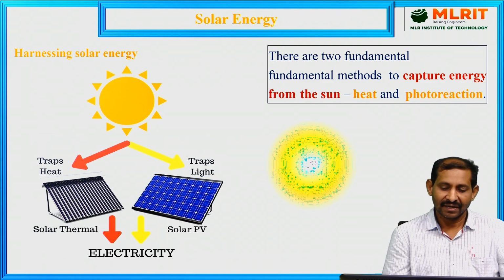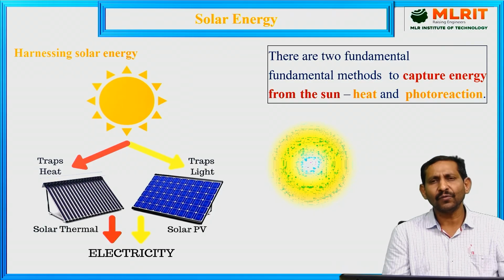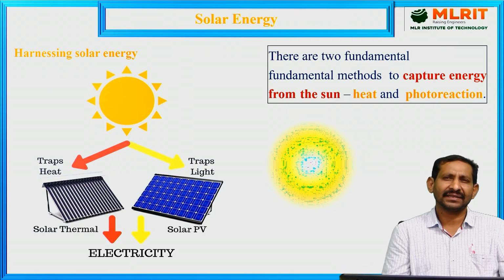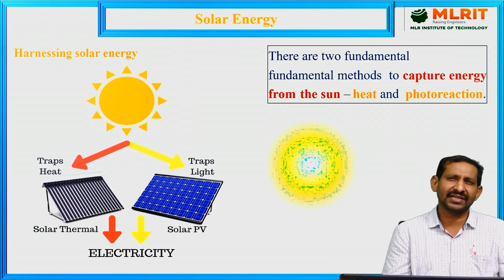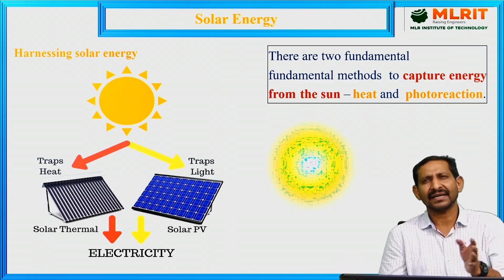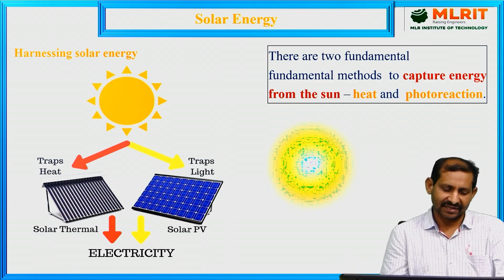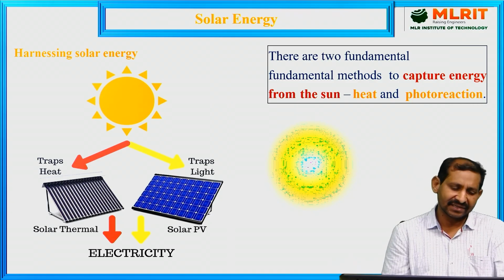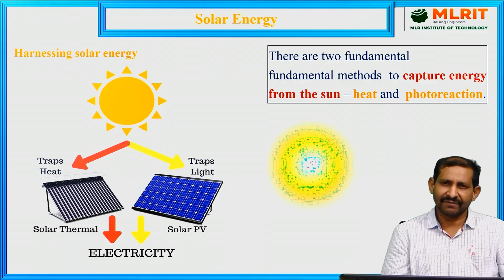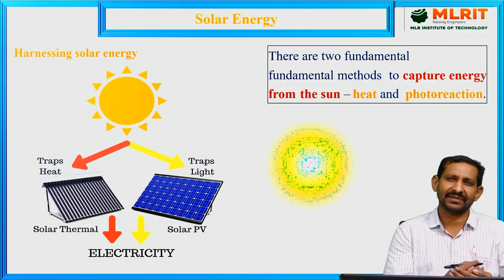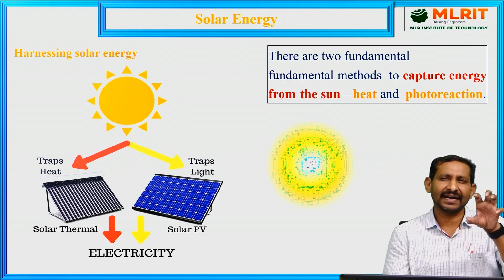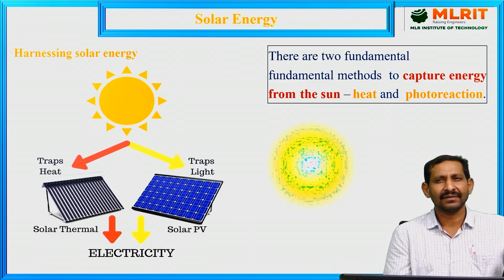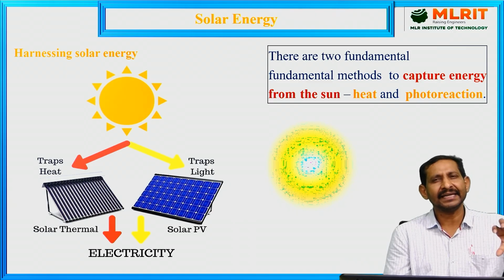So there are two fundamental methods of capturing energy from the sun: heat and photo reaction. Here solar energy is divided into two. One is heat traps. Whatever heat the solar energy contains is trapped by some materials, and that heat energy is converted to electrical energy.